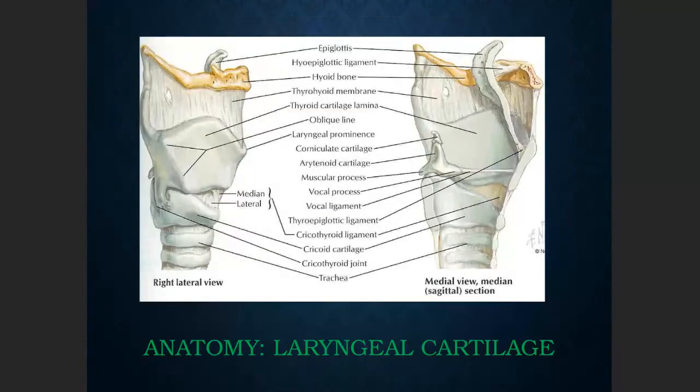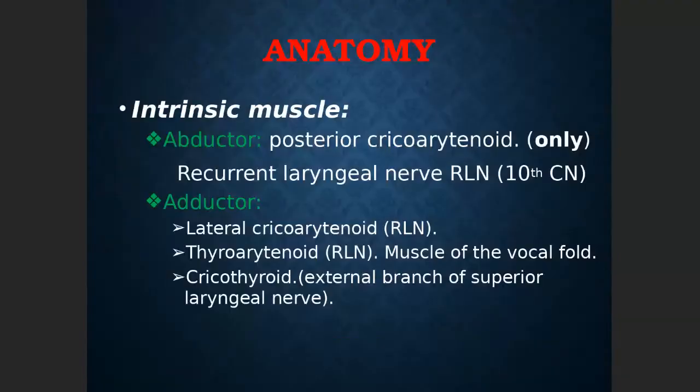Just to see the picture and better understand the area of the thyroid cartilage, here the angle, if acute, leads to the Adam's apple, and here you have the cricoid cartilage, arytenoid, corniculate, and epiglottis. I will not go into detail on that. Any question on the cartilages?